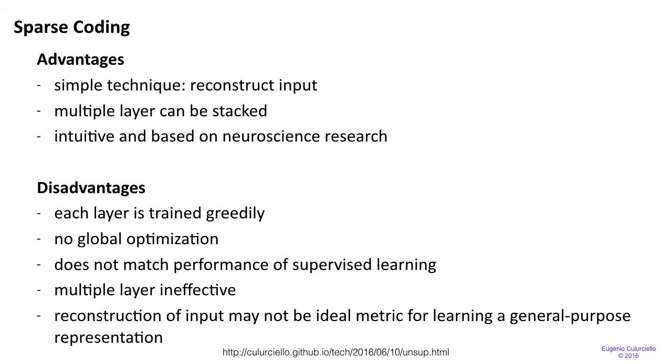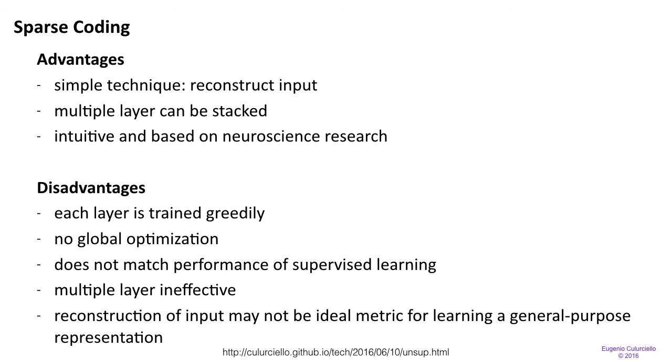And also you can stack multiple layers. So once you found the representation of the first layer, then you can use this representation to go to a second layer and reconstruct the first layer representation. So you can stack them like this. It's intuitive, and also it's based on neuroscience research, which is nice, because it tries to also explain how our brain works.